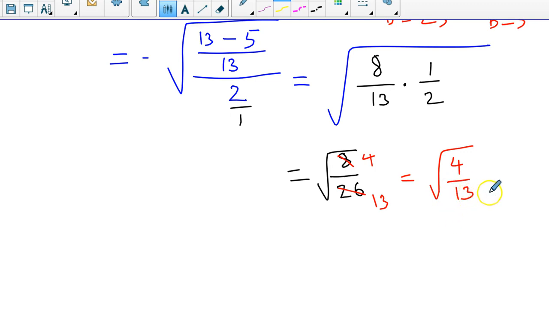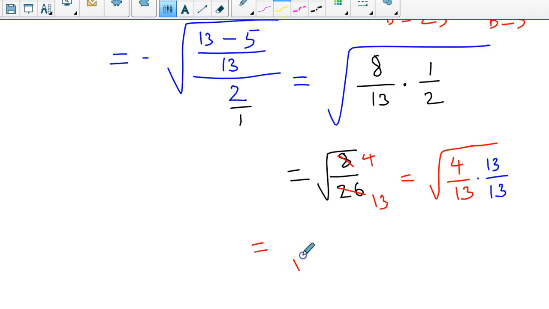Now 13 is not a perfect square, so we have to change this. And already you know that 13 is not a perfect square and it is a prime number. No more common factors. I have no other option but to multiply this 13 by 13. So if I multiply the 13 with 13, this 4 is also multiplied by 13. We are multiplying by 13 on both numerator and denominator, so that the value of this fraction is not changed.